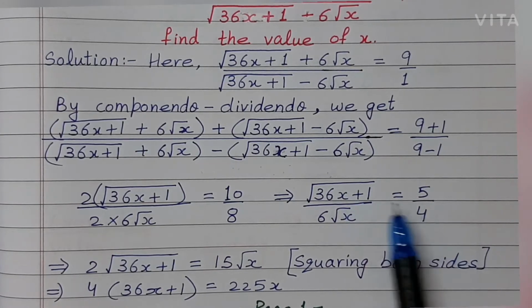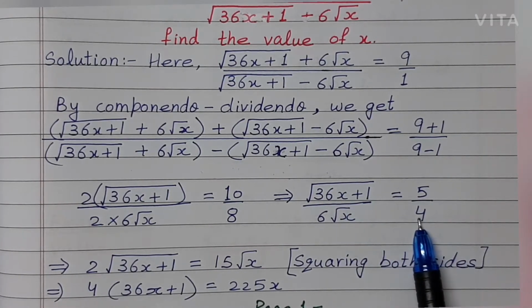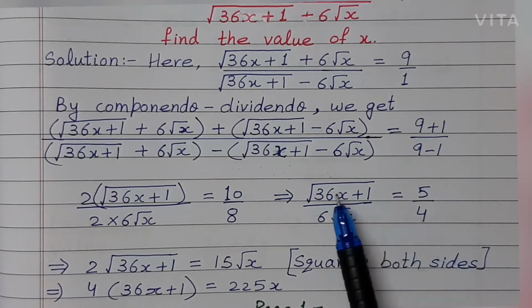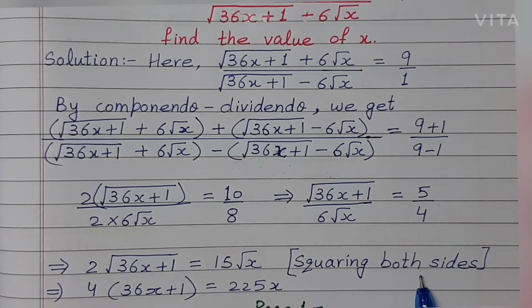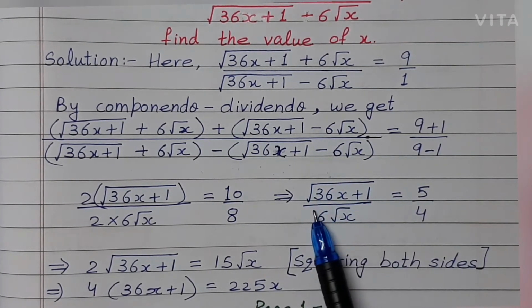Now we can do cross multiplication, or before that we can directly apply squaring both sides. Now students, why squaring both sides? So that we can remove the square root sign. Clear?